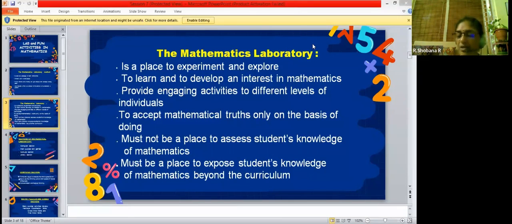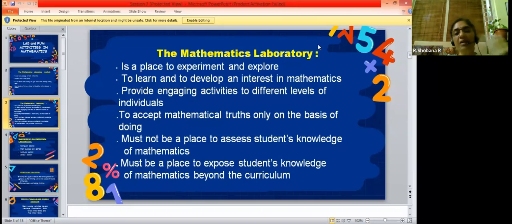Like when a friend is drawing a rectangle like a square, a child would say this doesn't look like a rectangle because it looks like all four sides are equal. So the ability to spot mistakes and learn from them also happens in the mathematics laboratory. Otherwise, in a classroom setup, children are not exposed to the work of other children.